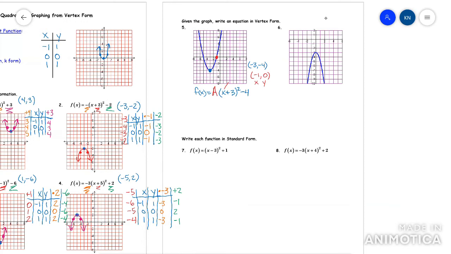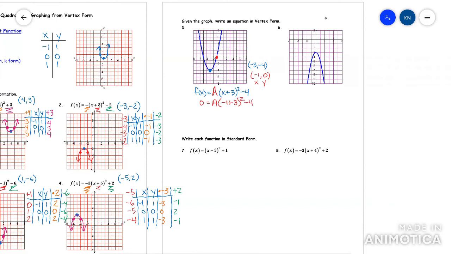So this is what I'm talking about. The f of x means y, basically. So my y value is 0 equals a parentheses. Now this x value that I've chosen to use is -1, so that's going to go right here. So it looks like -1 plus 3 squared minus 4.